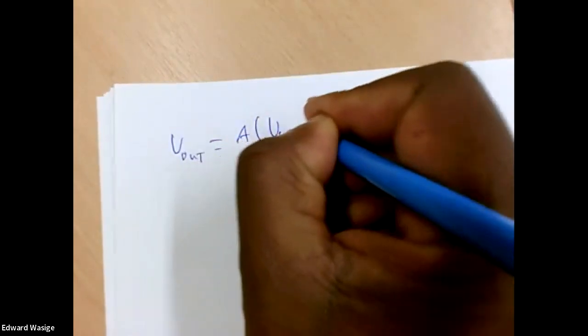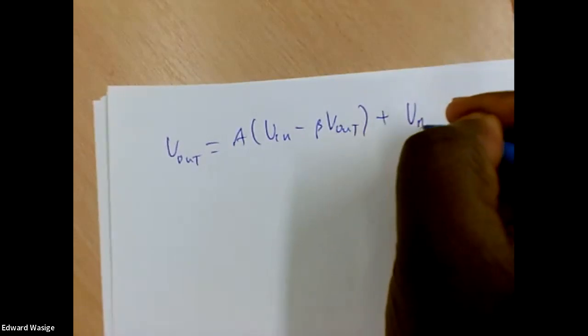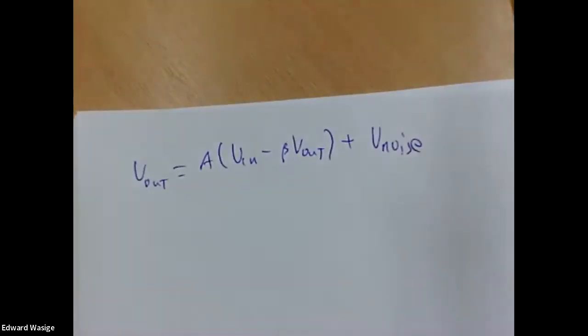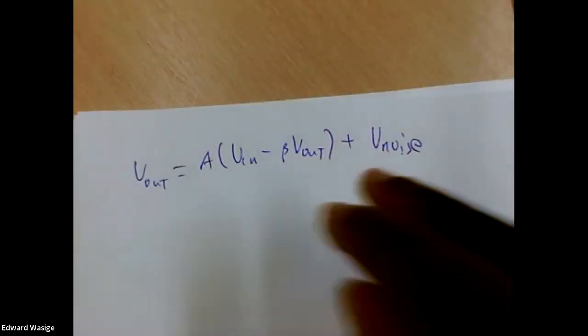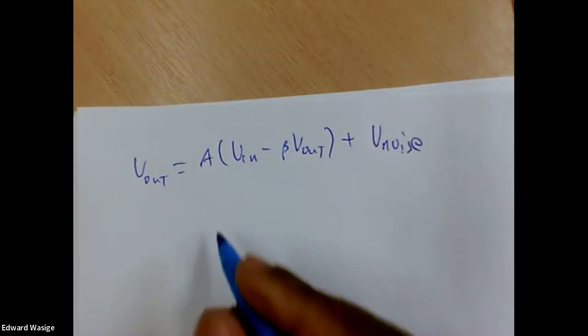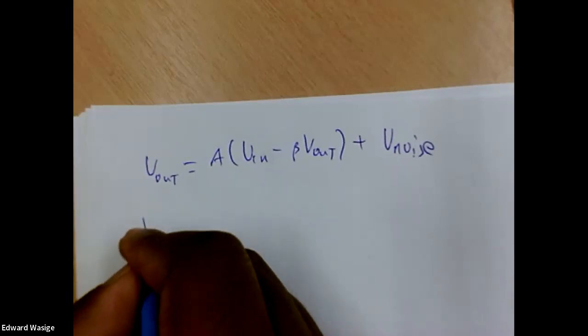V out is equal to A into V in minus beta times V out plus V noise. So from that feedback diagram, we get that expression. We can make V out the subject of this equation.